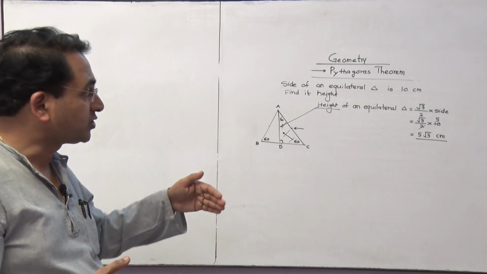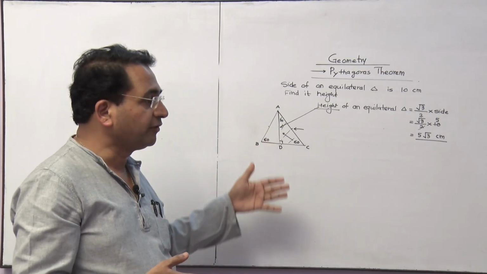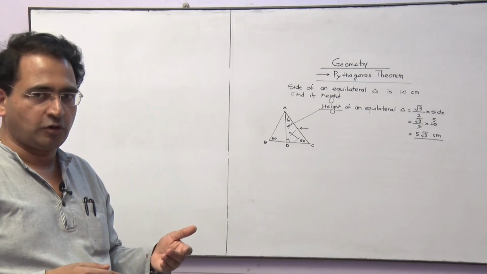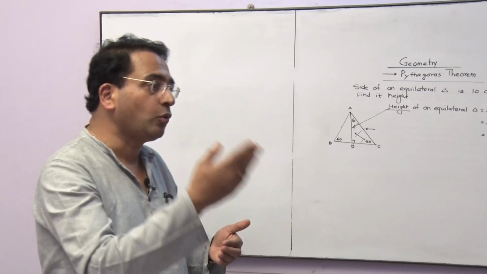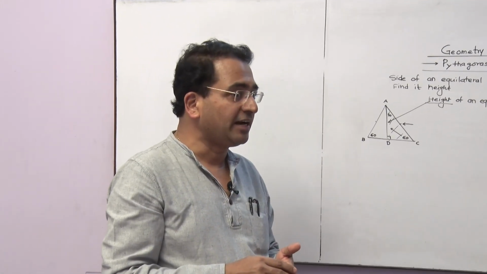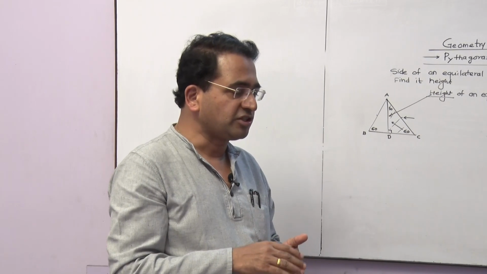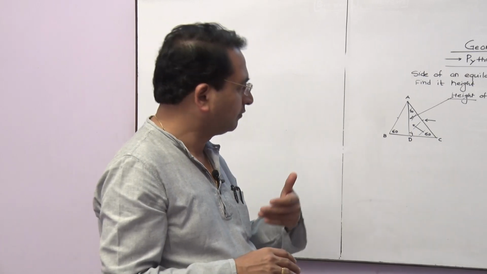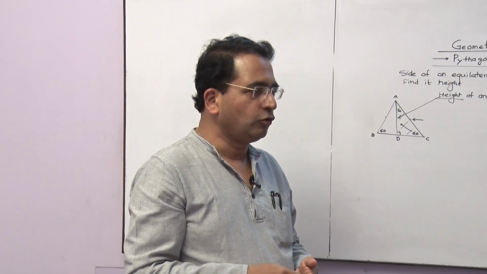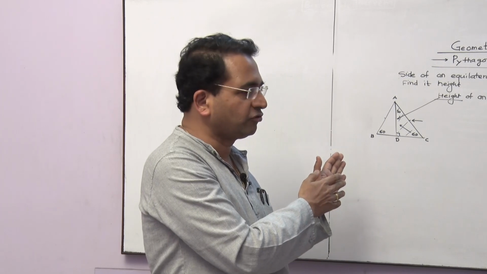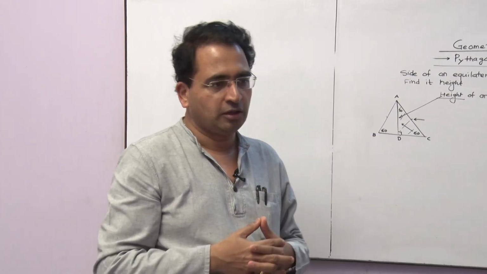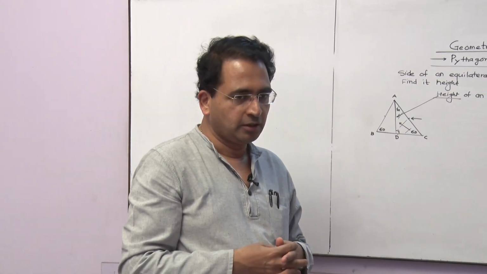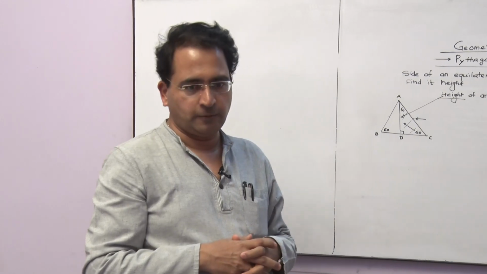And whatever time you get extra, we can definitely utilize for the questions which really require to be completed at the end, which are outside the textbook, which are slightly different, which require major explanation, major statement-reason format. So whatever time you are saving in these simple questions, you can utilize for the rest of the important and difficult questions, so that you can easily complete your paper with 100% perfection.